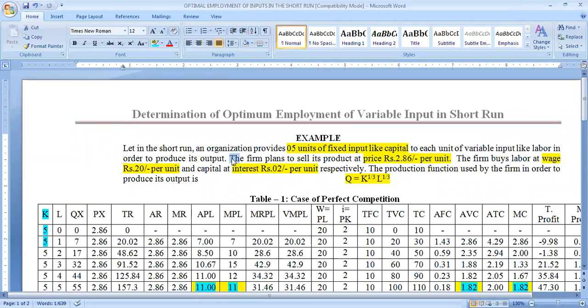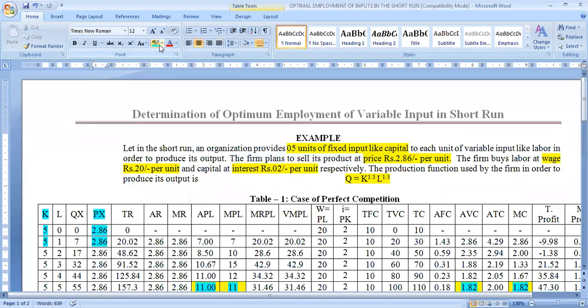The firm plans to sell its output at price 2.86 per unit. So we are also given the price, and that is 2.86. Since it is perfect competition, the price will not change at all. The firm buys labor at wages of 20 rupees per unit. So wages are also given, which are 20.